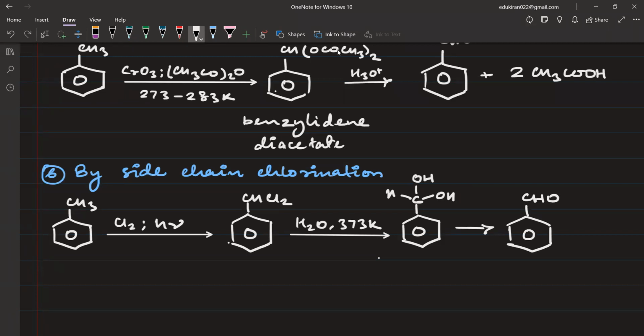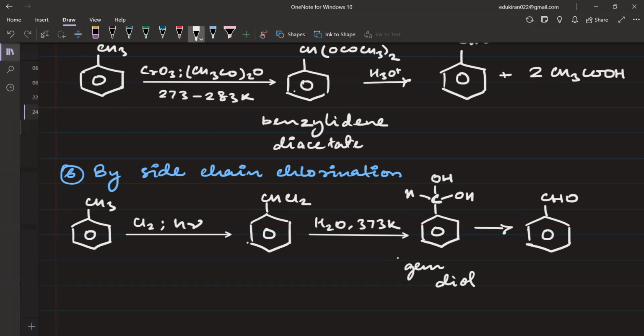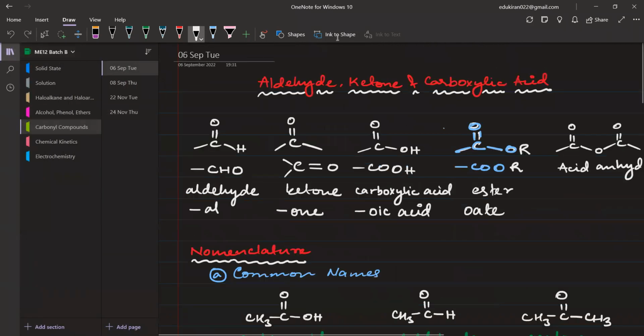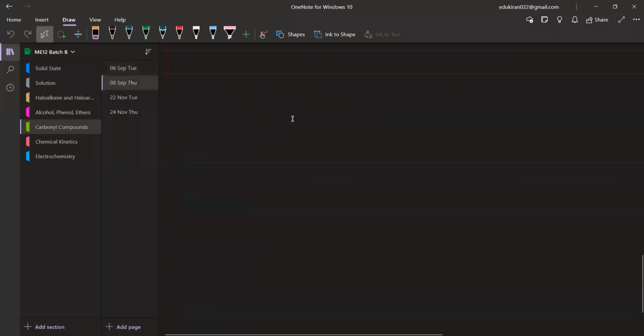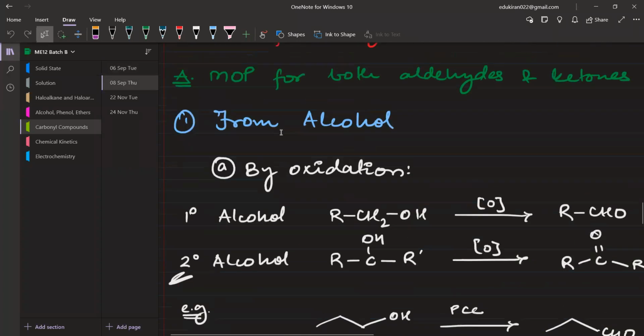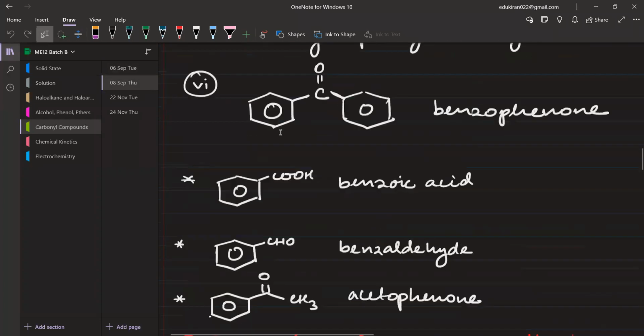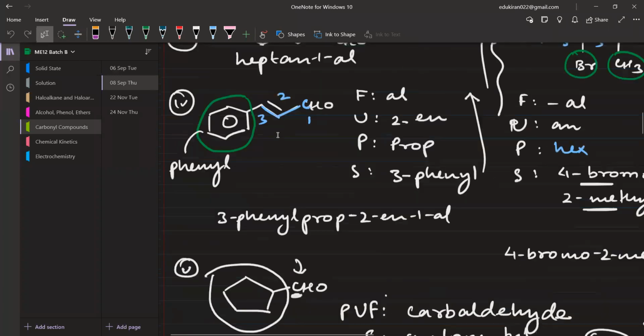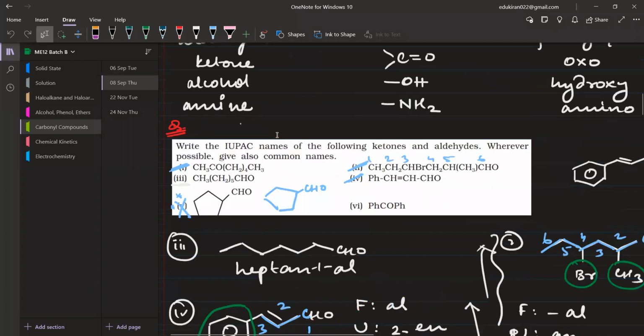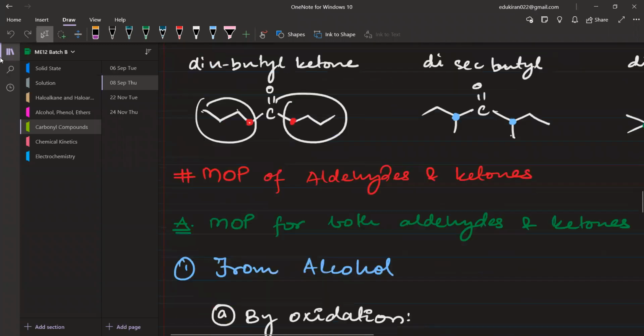What is gem diol? Gem diol is when one carbon atom contains two OH groups. If you remember, in the first class I told you this.